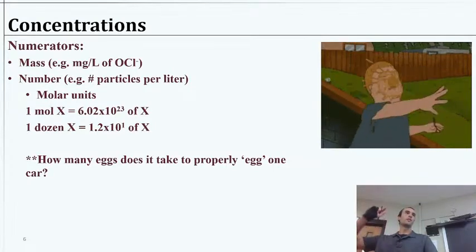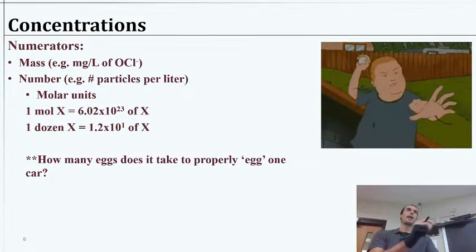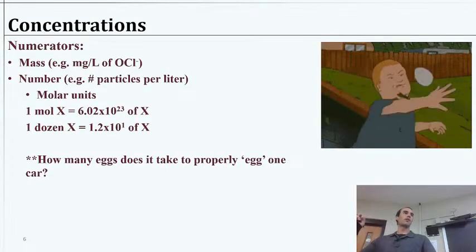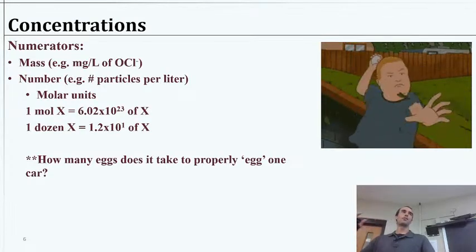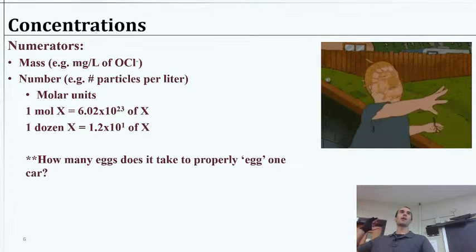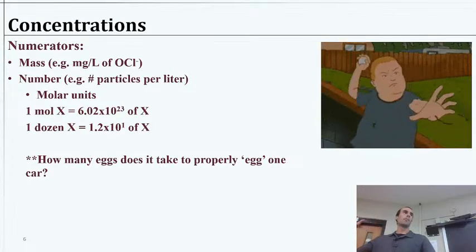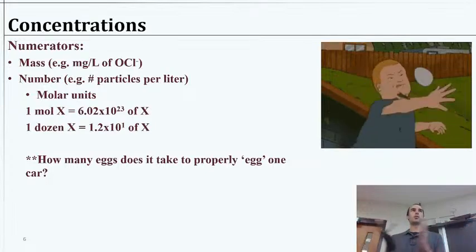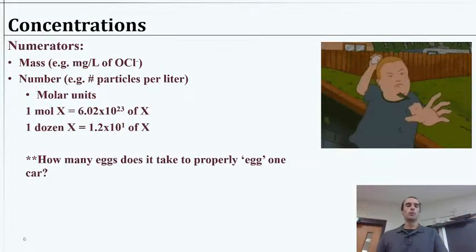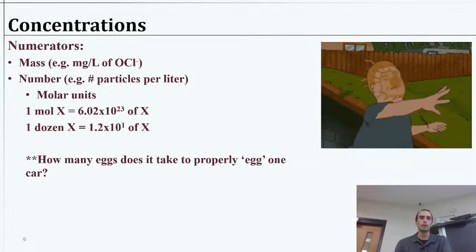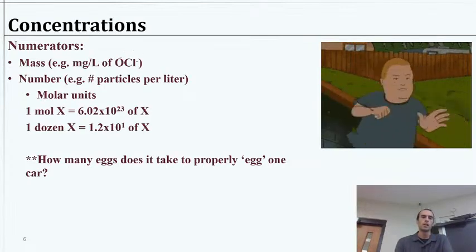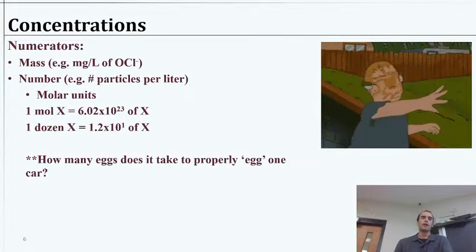Okay, so if we need to know molecule A reacts with molecule B, we cannot compare them on a mass basis because molecule A might be 100 times heavier than B, but it's a one-to-one relationship in terms of how much reaction happens. So when we talk about a mass concentration, like milligrams per liter of hypochlorite here, that's much different than talking about the molar units.